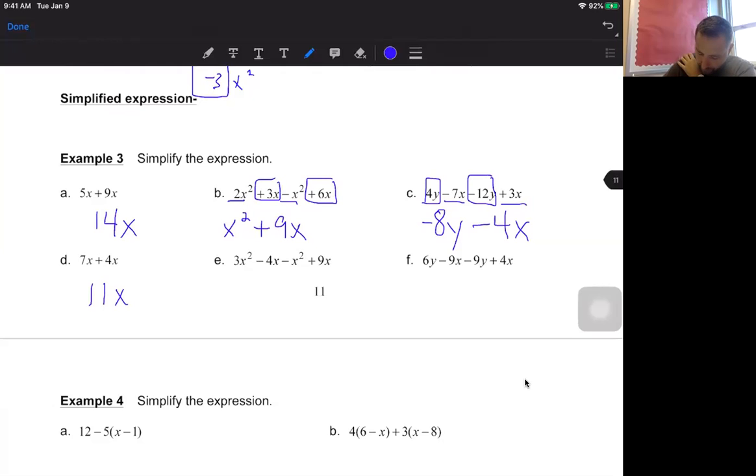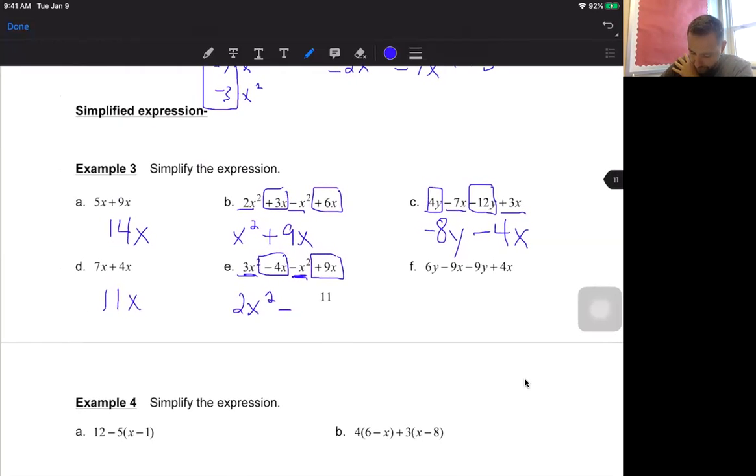We look at our x squareds, which is a 3x squared with a negative x squared. That'd be just like having a negative 1 in front. So 3x squared minus 1x squared gives us 2x squared. And then lastly, we look at our x's. We have a negative 4x plus 9x. 9x minus 4x gives us a positive 5x.